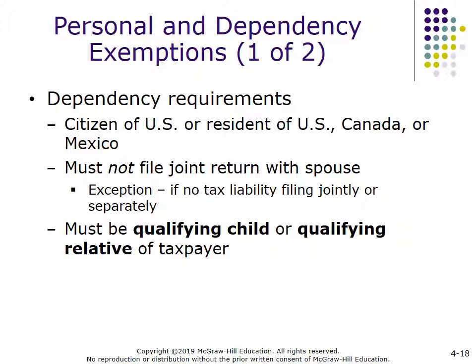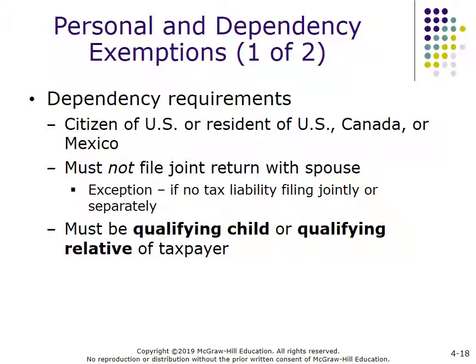If they don't qualify as your qualifying child, then you look to see if they meet the test of a qualifying relative. The two tests that are common between the two is the potential dependent is a citizen of the United States or a resident of the U.S., Mexico, or Canada. So you don't have to be a citizen, but you have to reside in the U.S., Canada, or Mexico.